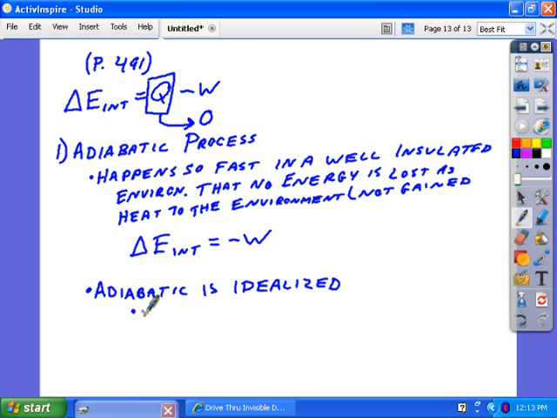Two reasons behind it: the speed is infinitely fast, and the insulation is infinitely good. All right, we can come close, but it's very difficult to actually get to an adiabatic process.